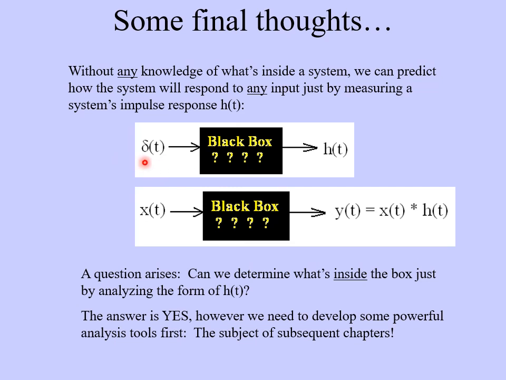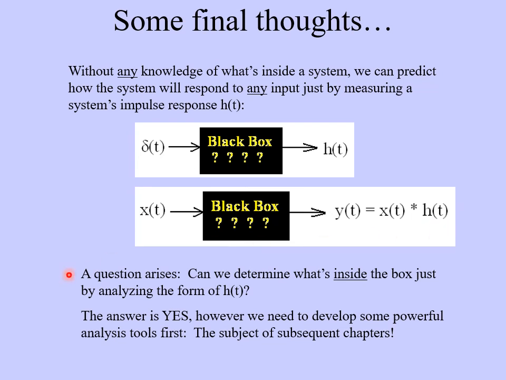So remember, if we put an impulse, delta t, into this system, it's going to spit out an output which we call the impulse response. And if we know the impulse response, then we can figure out what this system will do for any input just by taking, remember, the convolution of the input with the impulse response. So the output of a system is equal to x convolution with h.